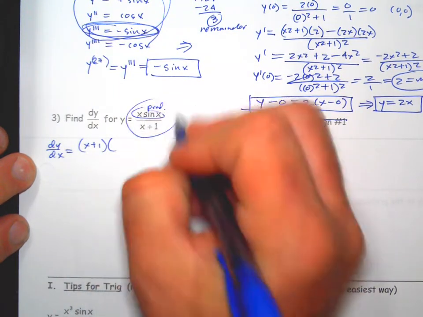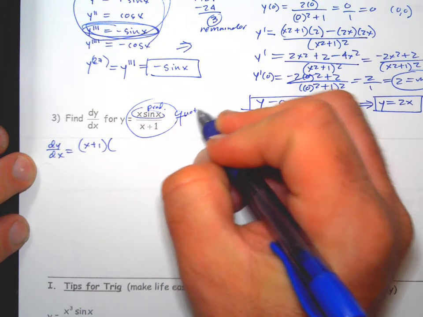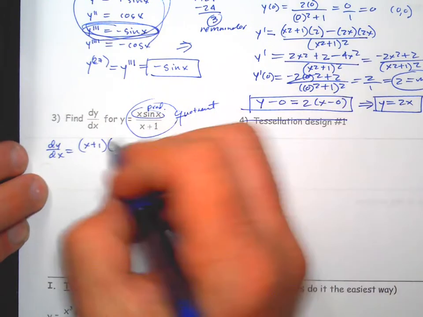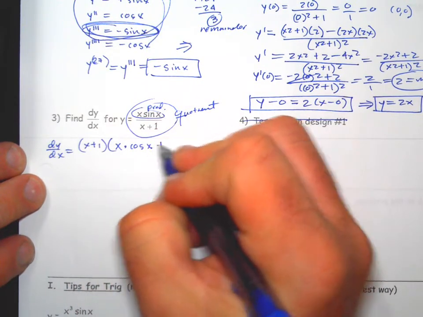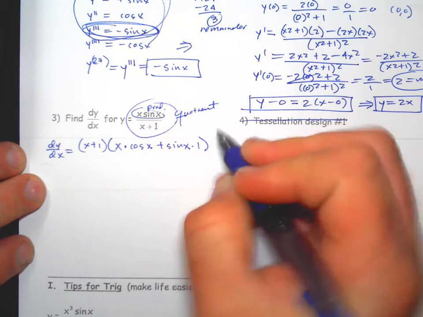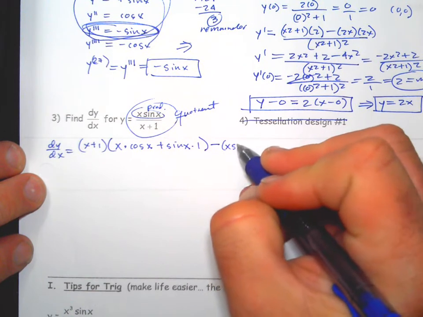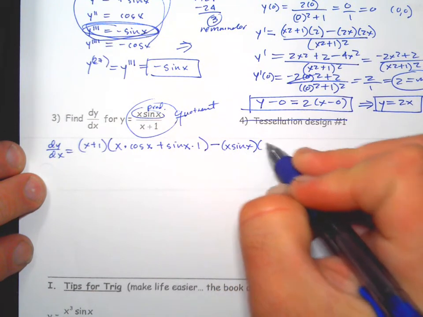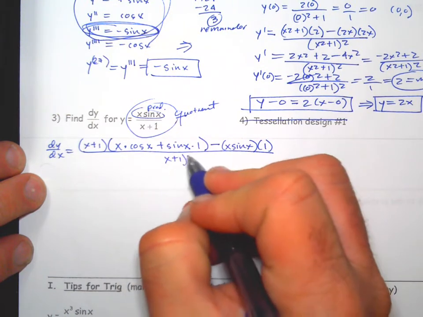The whole thing is one big quotient, right? And the product is going to be x times derivative of sine is cosine plus sine times derivative of x is 1. Low d high minus high d low all over low squared.